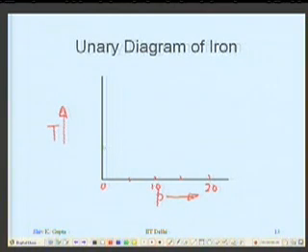Temperature, this one let us say 910 degrees centigrade, and here is 1490 degrees centigrade, and then its melting point is very close by. It may not be to the scale, 1535 degrees centigrade.